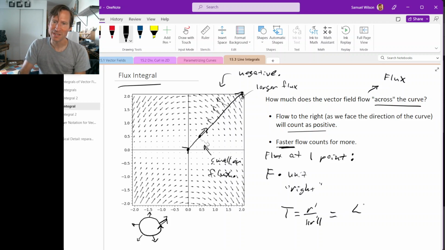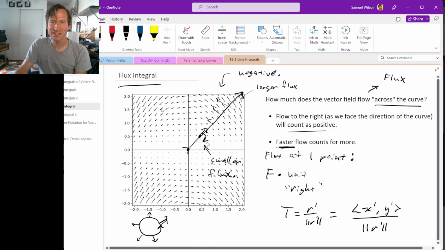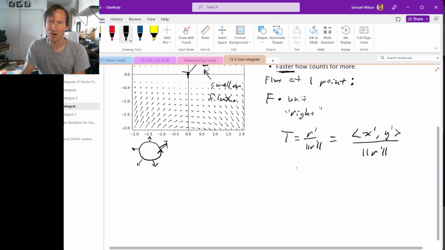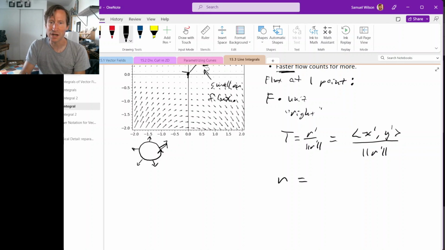So r prime is x prime comma y prime, over the magnitude of r prime. All we need to do is give this unit tangent vector a quarter turn to the right, and there's a nice trick for doing that. It turns out all you need to do is this, so this is going to be our new vector that points rightwards.